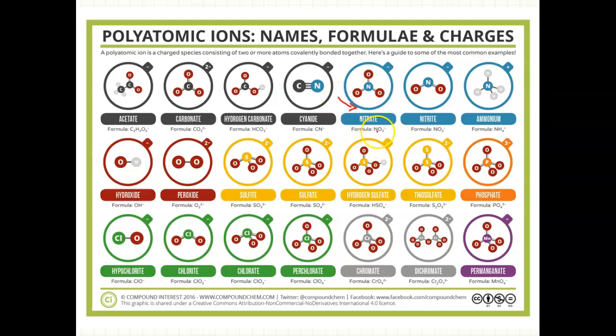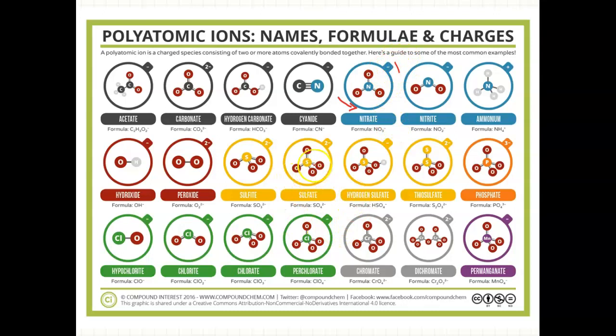It has the formula of NO3 minus. So you notice that you have one N and then you have 3 oxygens. And overall, they have a minus charge, which we assume to be a -1.